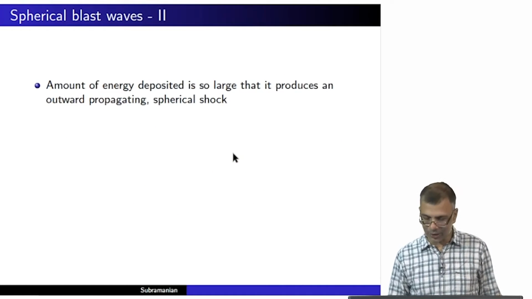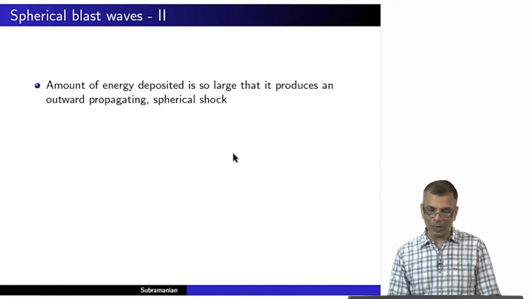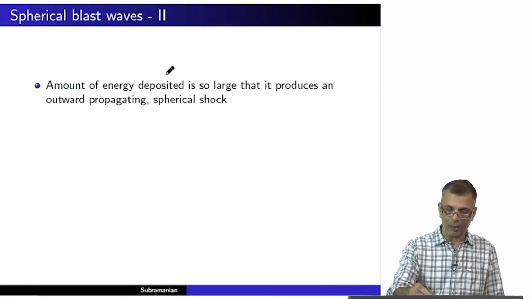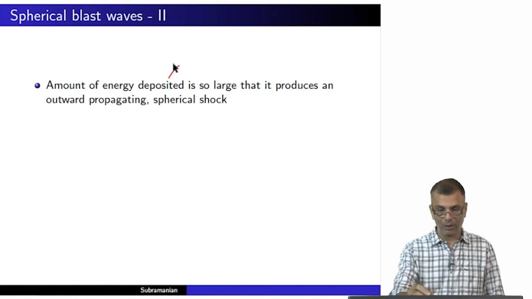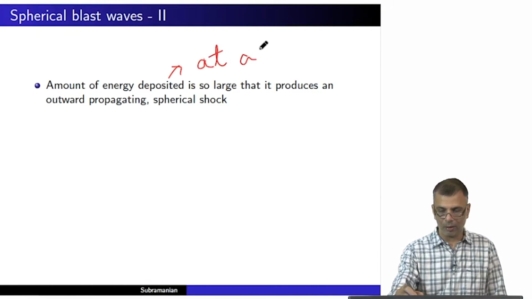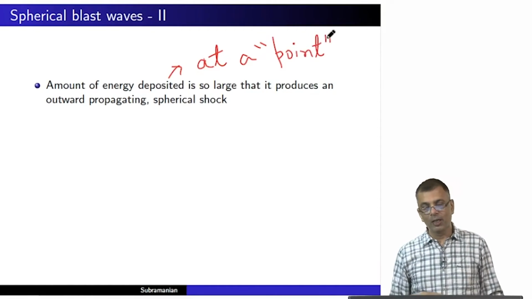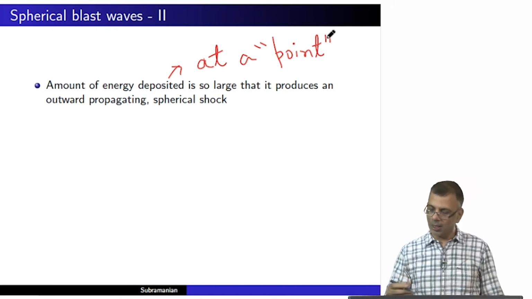Right, coming down to the physics. What are the central characteristics? Well, the amount of energy deposited at a point, or in a very localized region, is so large that it propagates an outward propagating spherical shock.